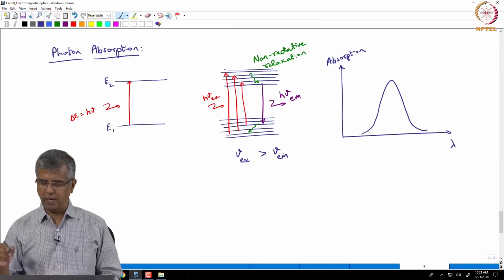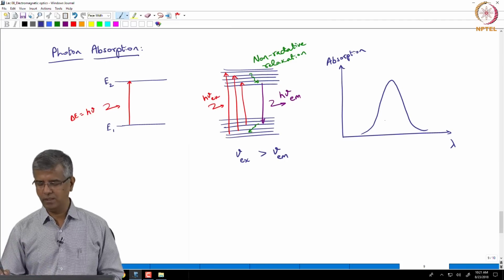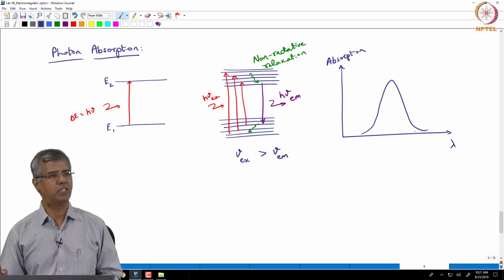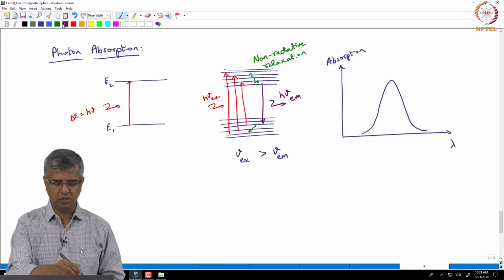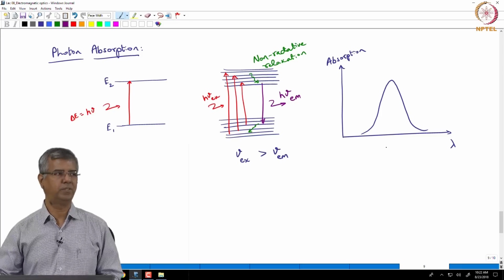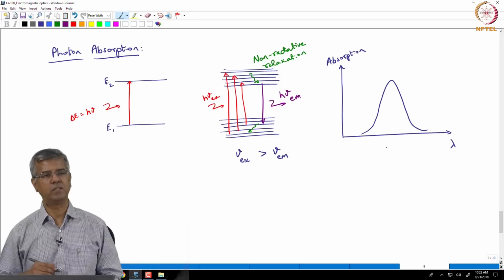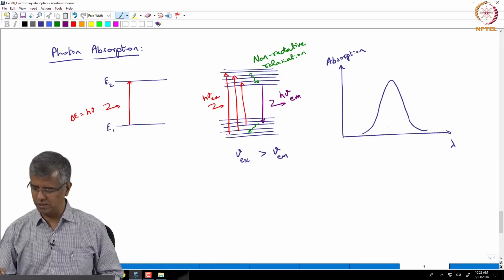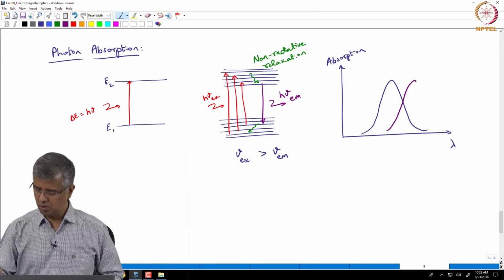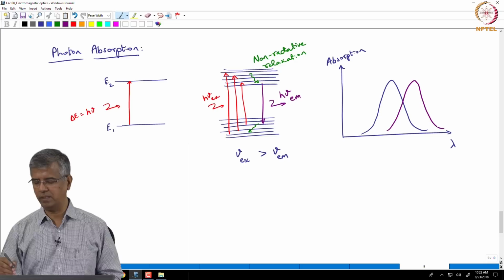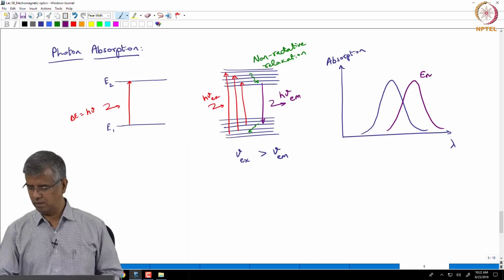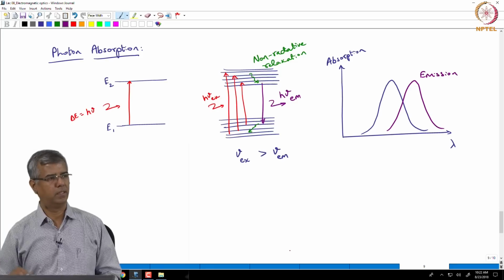So if my absorption is happening in this broad spectrum, how do you think your emission is going to look? That will be shifted to longer wavelengths, because longer wavelengths represent lower energy. So because in the process of emitting, it is losing some energy, your emission would have shifted.